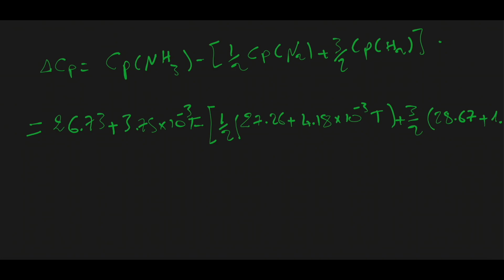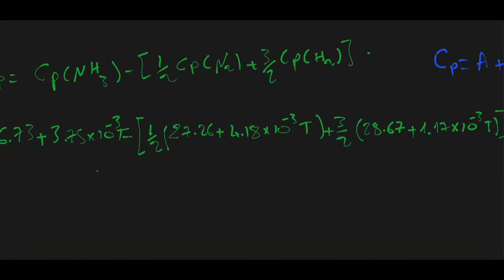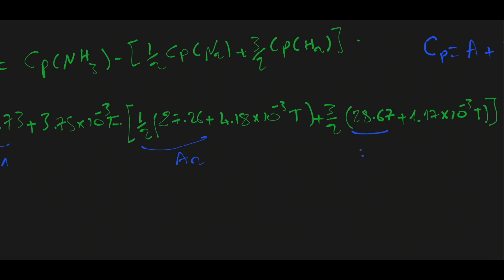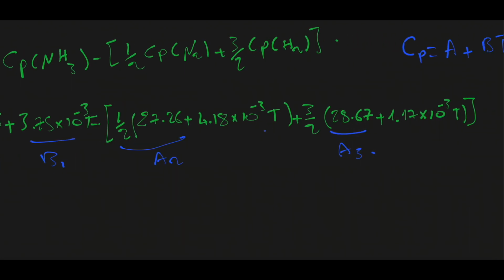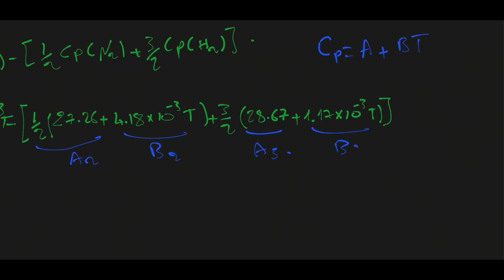Now we see that the molar heat capacity is dependent on the temperature, and it has this form, A plus BT. So we can see this equation as A1, here A2, and here A3. And here we have also B1, B2, and B3.